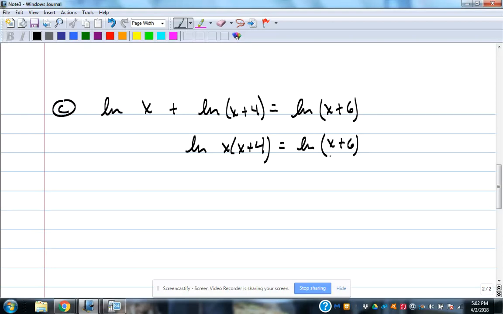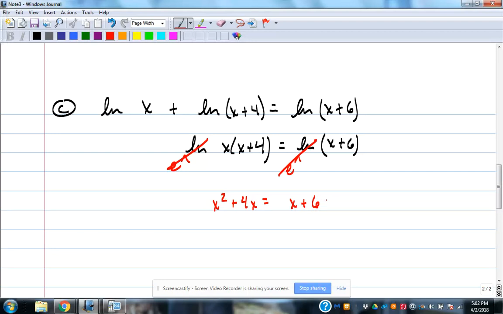Now the natural logs are a problem. How do I get rid of those mathematically? Exponentiate with e. That cancels them out. You get x squared plus 4x equals x plus 6. I just distributed the x here.